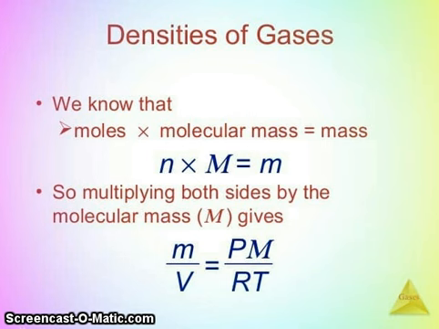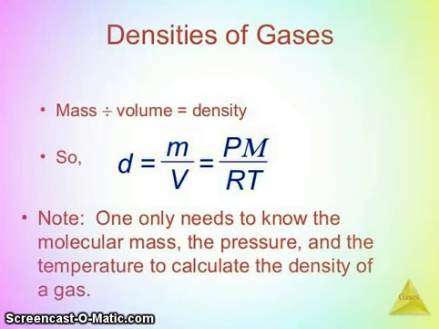So multiplying both sides by the molecular mass capital M gives nM by V equals PM by RT. Mass divided by volume is equal to density. So density is equal to mass by volume is equal to PM by RT.